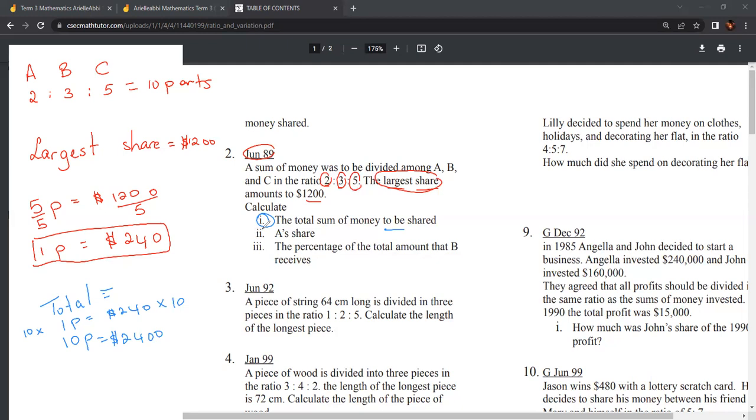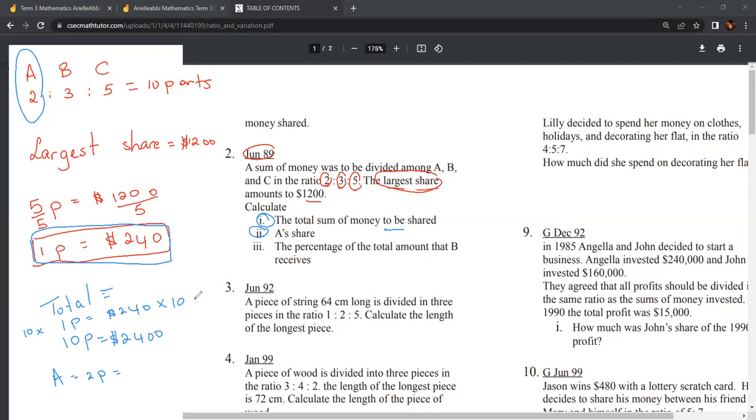Then they said to find A's share. Now A's share was 2 parts. So A is equal to 2 parts. And remember, the value of 1 part was $240.